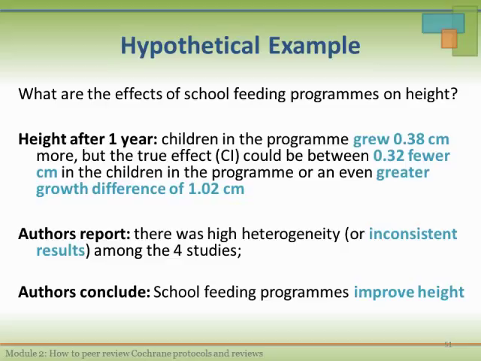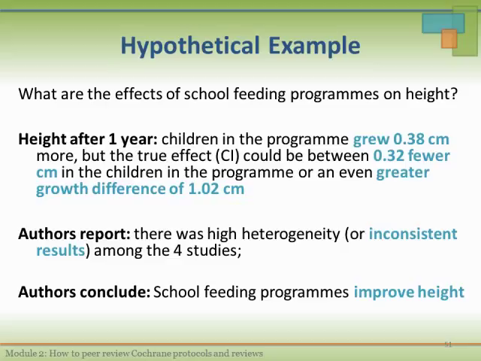The systematic review also reported on differences in height gain between children who were in the program versus children not in the program. They found that after 1 year, children in the program grew 0.38 centimeters more.